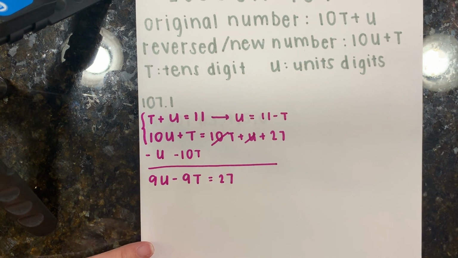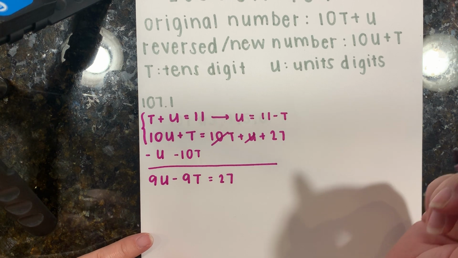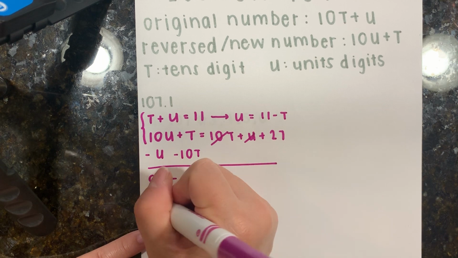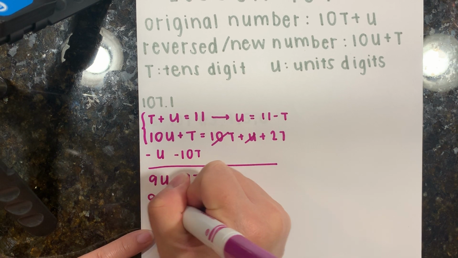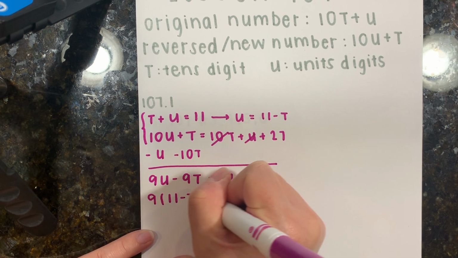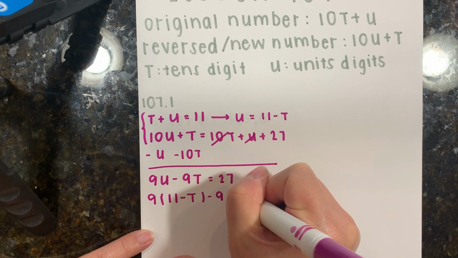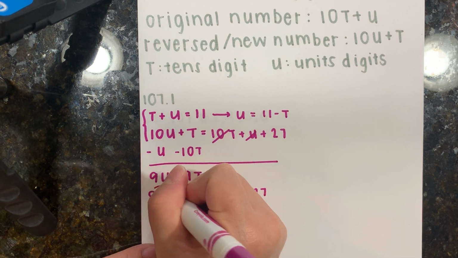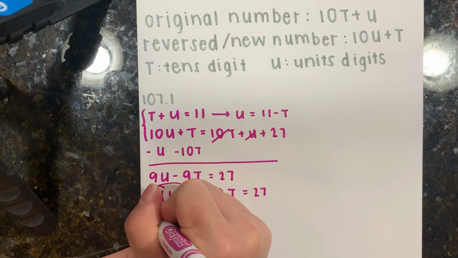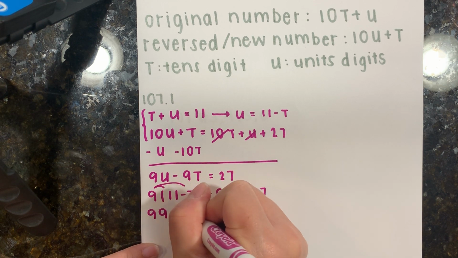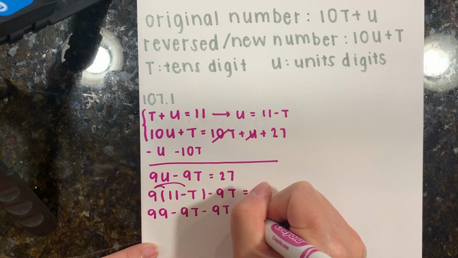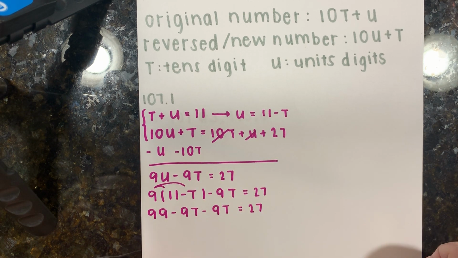I'll also show you elimination on the next problem. So with u equal to 11 minus t, I'm going to do 9 times 11 minus t, minus 9t equals 27. When I distribute, I get 99 minus 9t minus 9t is equal to 27.